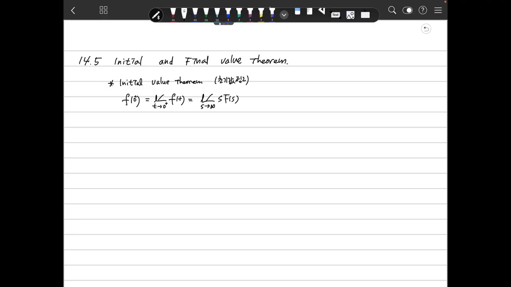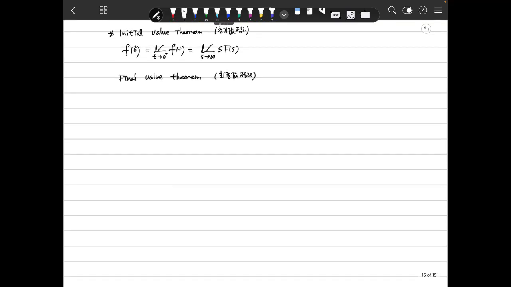And the final value theorem, in Korean, is 최종값 정리. Then f(infinity), the limit as t goes to infinity of f(t), will be the same as the limit as s goes to 0 of sF(s).